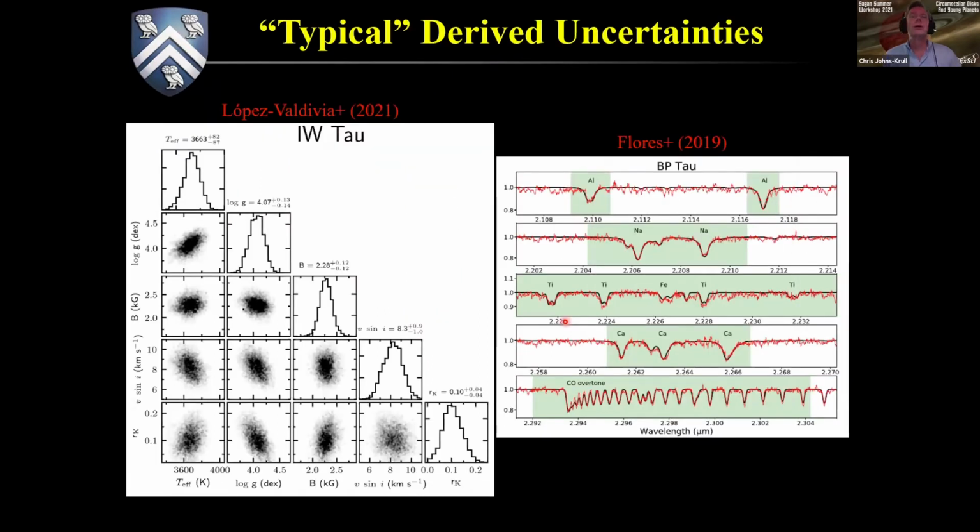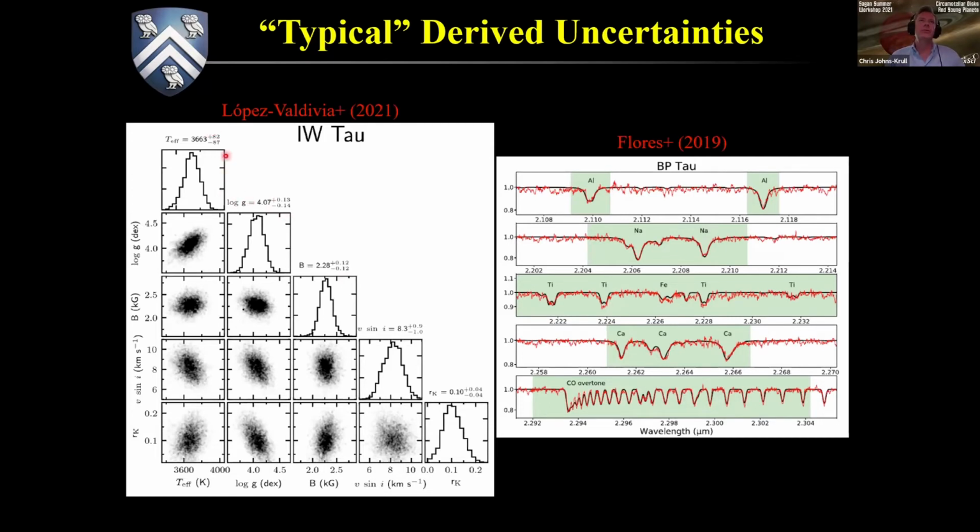So in terms of some of the most recent studies, large-scale studies have been done in the infrared as we have better and newer high-resolution spectrographs that get a lot of wavelength coverage in the infrared. This is showing you, for at least this one star in this large study by Lopez Valdivia, the general uncertainties, the accuracy associated with the various parameters you're interested in.